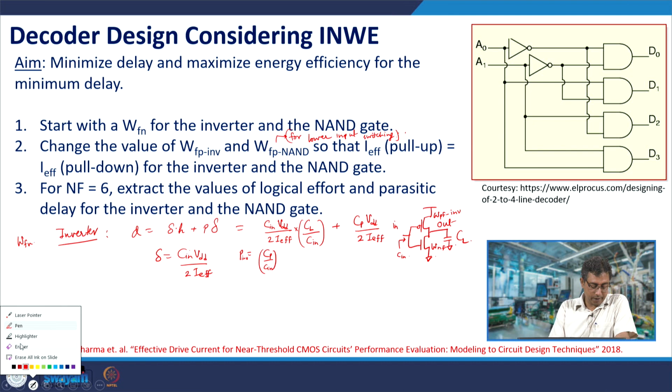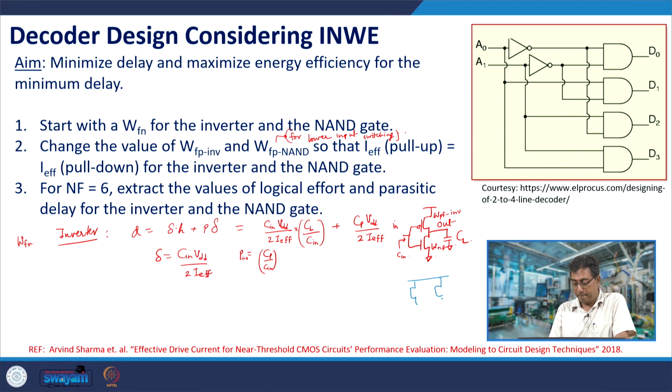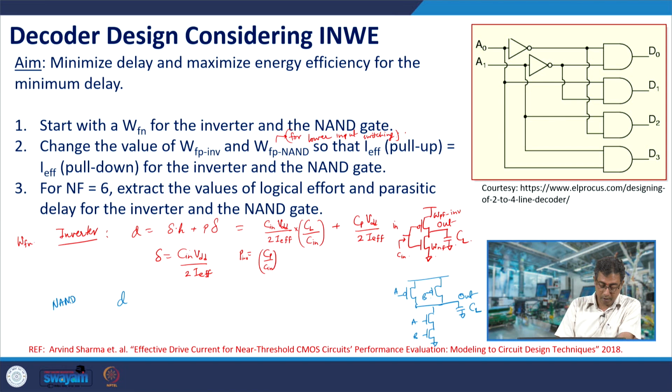What about the NAND gate? Here the delay of the NAND gate would be given by G NAND into delta into H plus P NAND into delta. What is this given by?